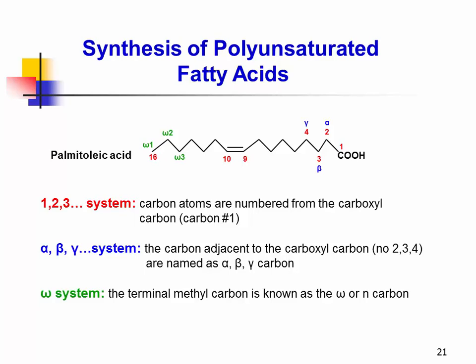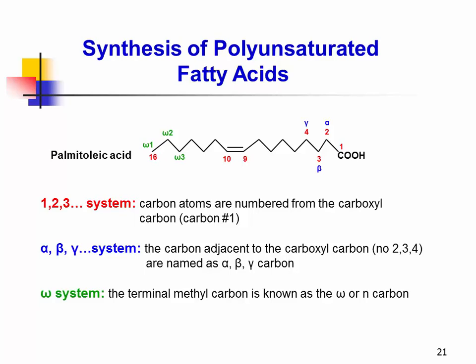I just wanted to mention this numbering system. Sometimes you will see, as we just mentioned, delta 9 or delta whatever number of the desaturases, and sometimes you also see omega-3 or omega-6 fatty acids.